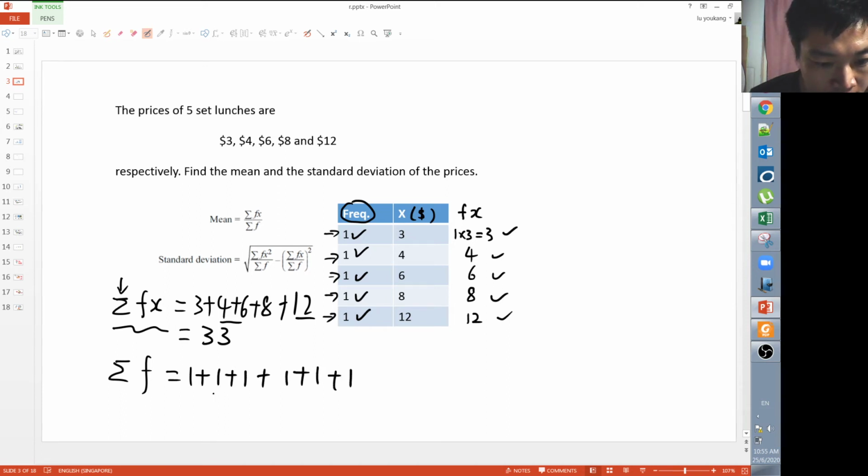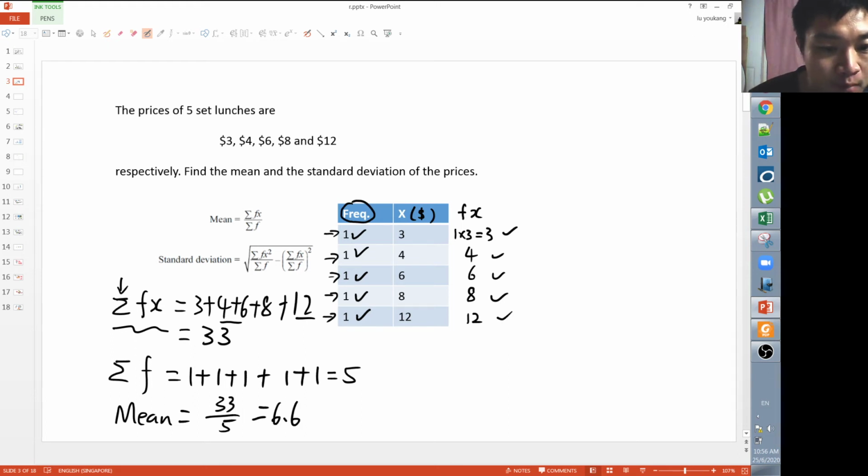You have 5 of them, not 6 of them. So you'll get 5. And then based on the formula to find the mean, your mean is equal to 33 divided by 5. And that will give you what? Let me double check the answer. You should get 6.6.